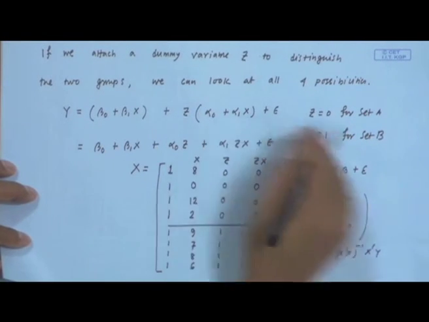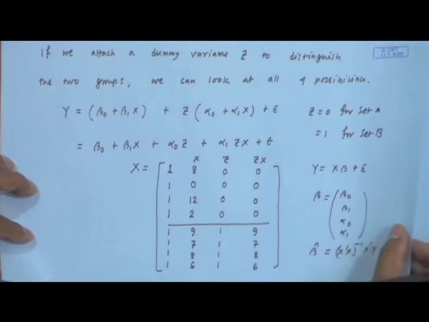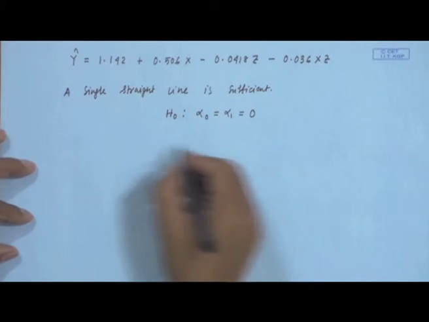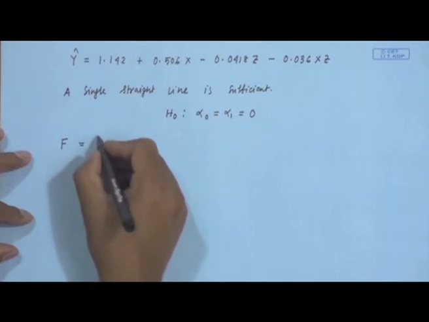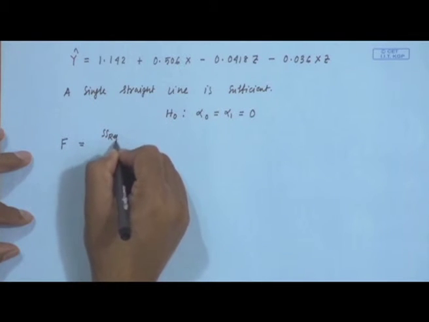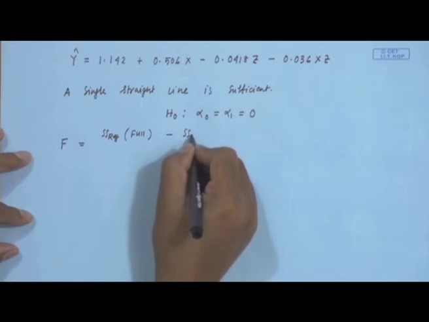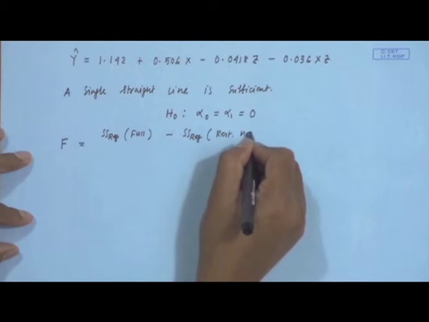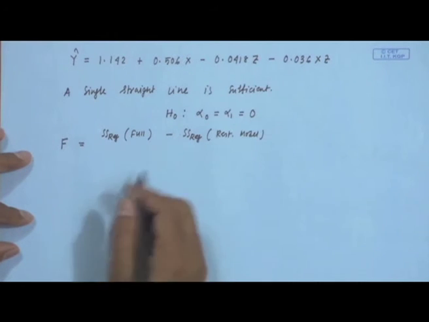Now, if I test whether a single straight line is enough, we have to test that alpha naught is equal to alpha 1 equal to 0, and you know how to test this, right, using the extra sum of square technique. So, F statistic is SS regression for the full model minus SS regression for the restricted model, right. So, the restricted model does not involve these two terms.